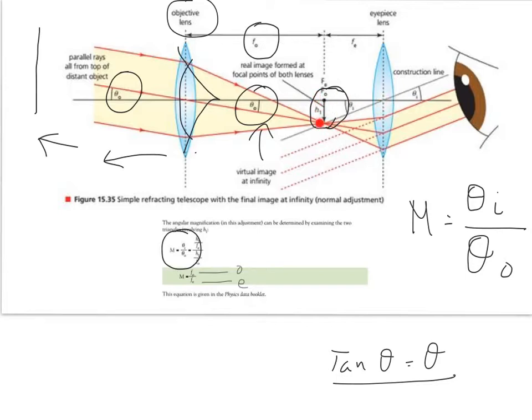Now this triangle, again, can be worked out, but this time using the height of the image over the focal length of the eyepiece lens. Remember, this is the same image which just happens to be focused at the same point where the two focal lengths meet.